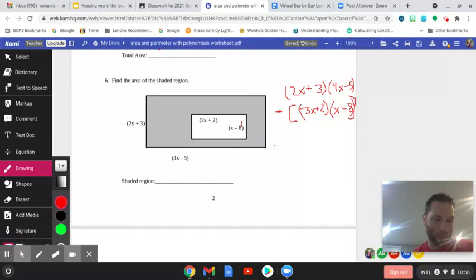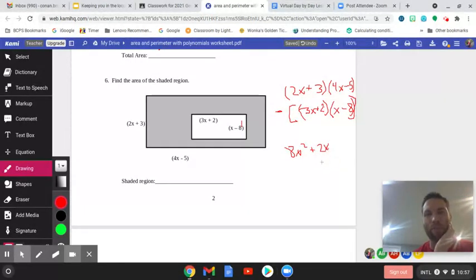So let's see. It should be 2x times 4x. It should be 8x squared. 2x times negative 5 is negative 10, and 3 times 4 is 12, so plus 2x. And I want you to show your work on your paper.